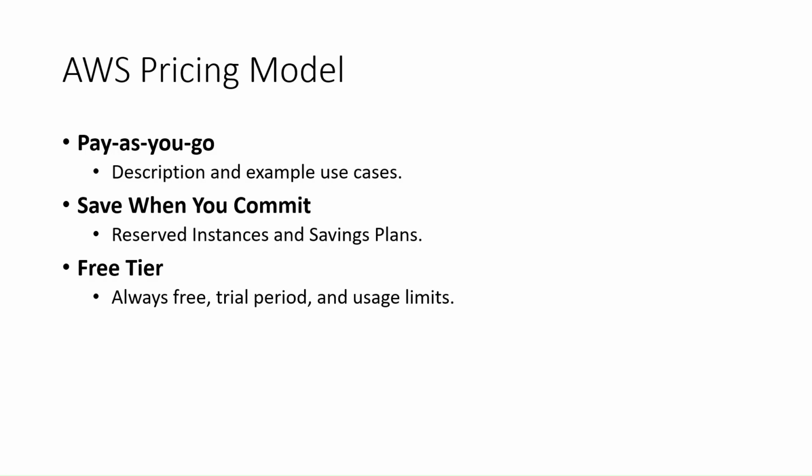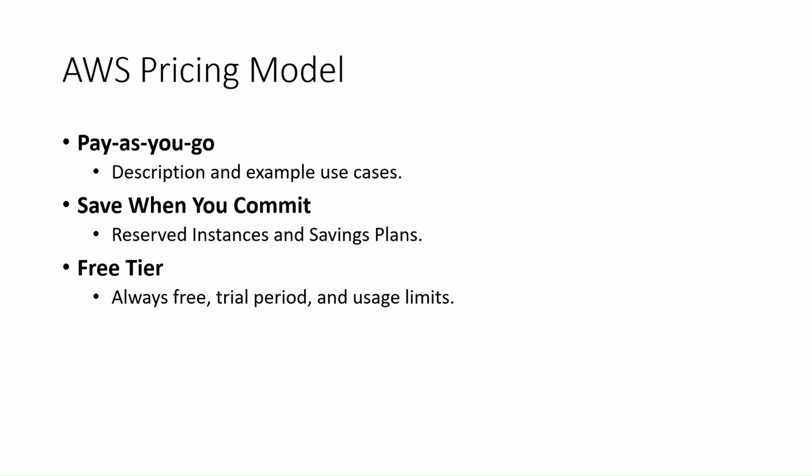And the third pricing model is the free tier. In the free tier, there are three types of features: always free, trial period, and usage limit. Always free means basic usage of some services stays free forever, like Lambda functions with 1 million free requests per month.